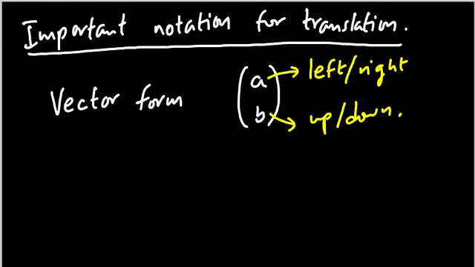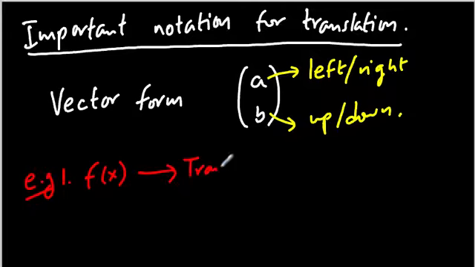All right, so let's go through some examples to explain what this all means. Let's try example 1. Let's say I have some function f of x, and I translate by the vector -5, 2.